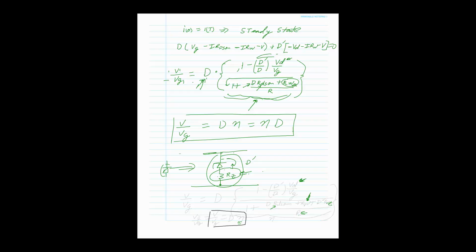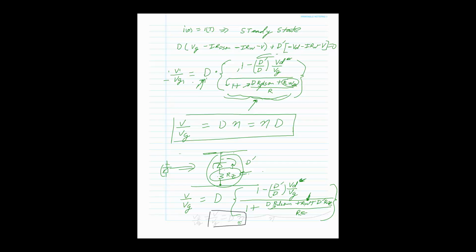So all we have to do to modify the equation is V over V sub G is D times this, 1 minus D over D prime, D prime over D, VD over V sub G, divided by now 1 plus D RDS on plus RW plus what? D prime, because that's when it sees RZ, divided by R. And there you go. Very simple change to add on to this.